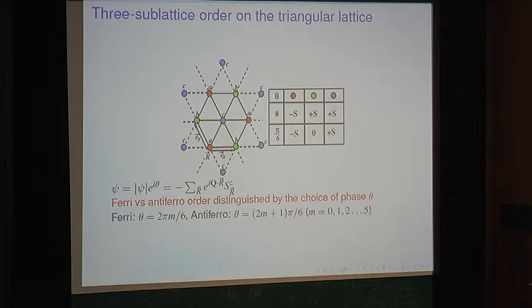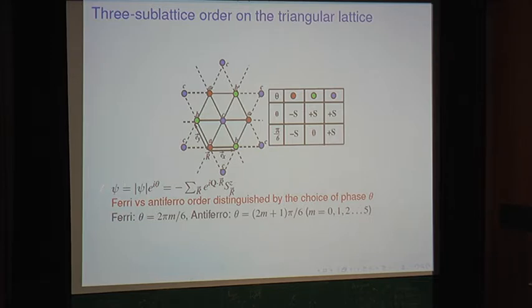The reason I am labeling them by 0 or pi by 6 is because the order parameter I construct to derive a Landau theory would be this sum, where I add up the spins with this phase factor, which is the 3 sublattice wave vector. This is the same phase factor that appeared in Stephenson's solution, we will see. Okay.